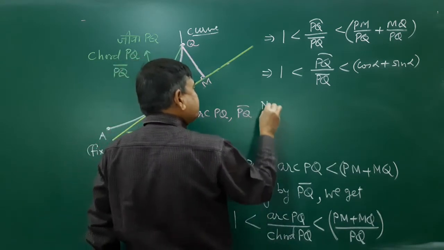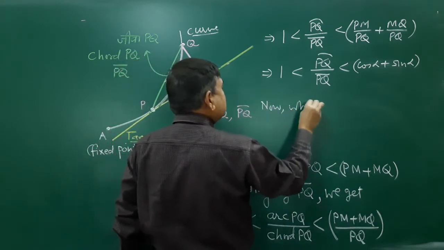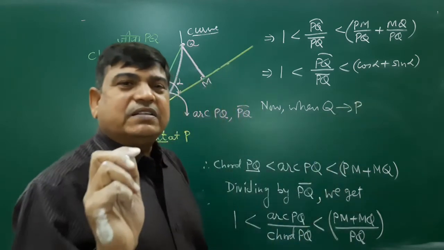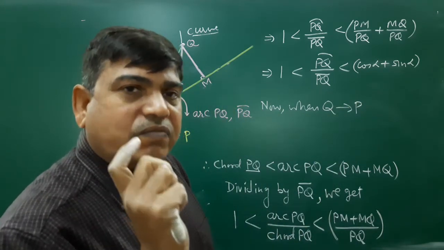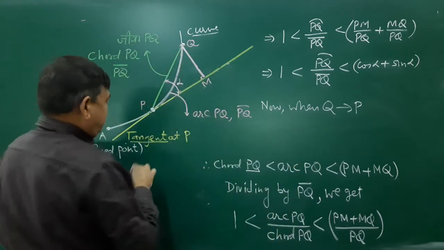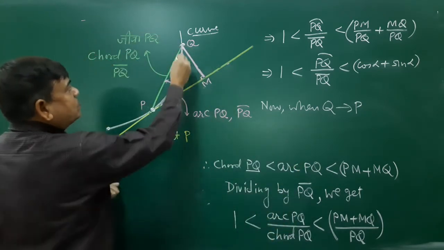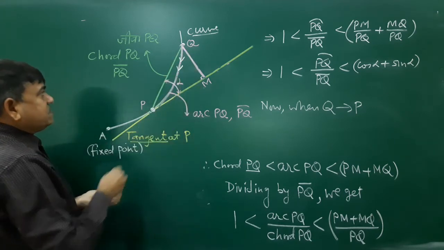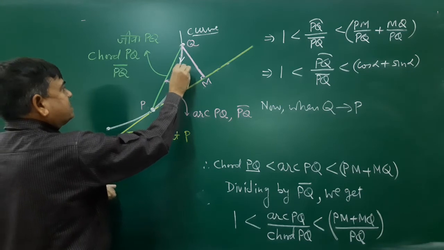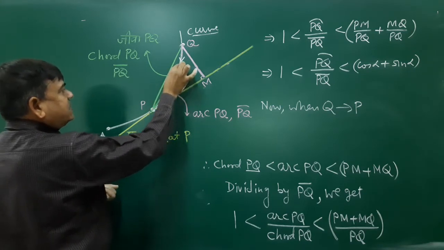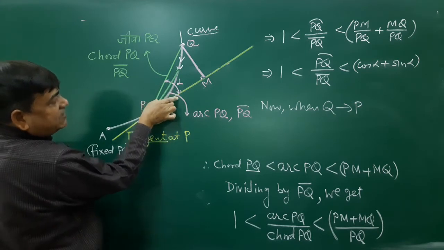Now when q tends to p, now we apply the limit. We want to discuss the limiting value of this. So when q tends to p, this point moves in this direction. By the way, suppose at this position, for example this is the point q here, then if I join this point, you see this angle will be decreased.